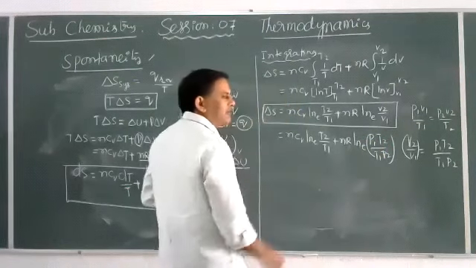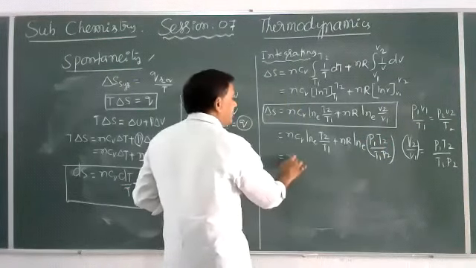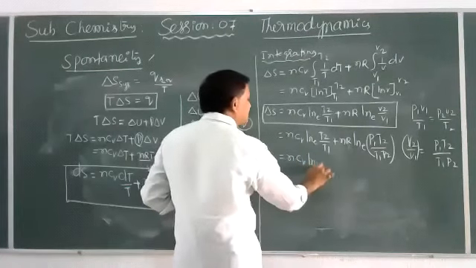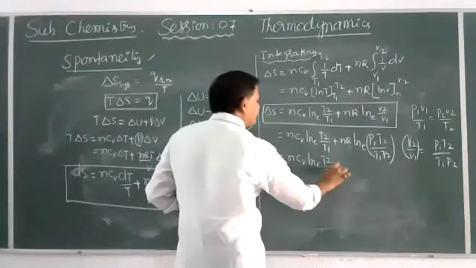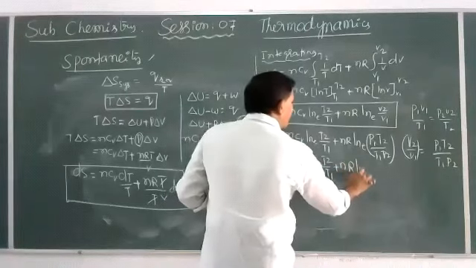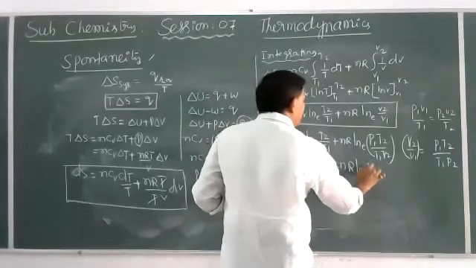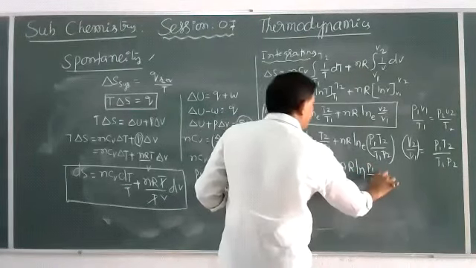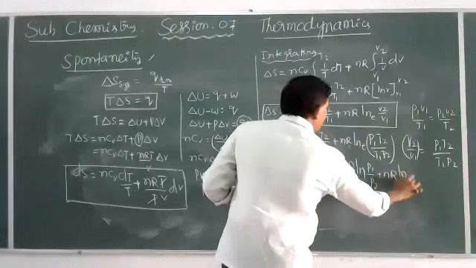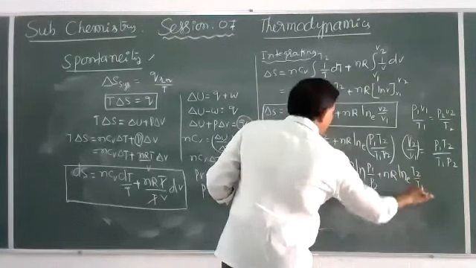We can separate it and write nCV ln T2 by T1 plus nR ln P1 by P2 plus nR ln T2 by T1.